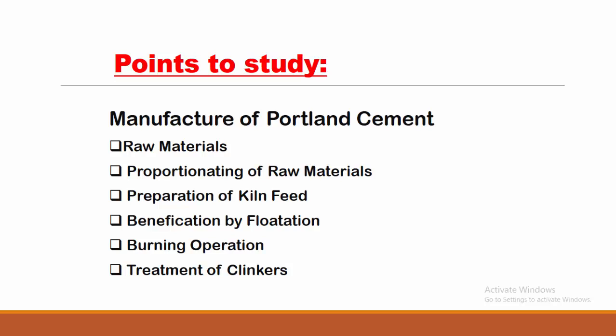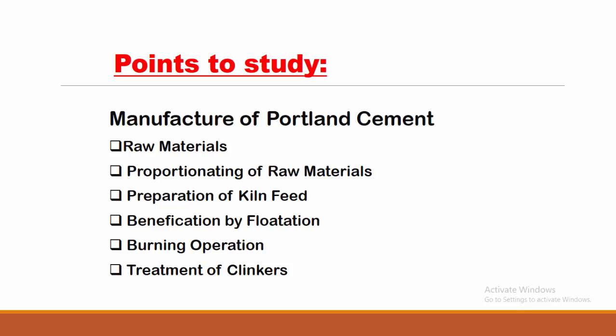Once the raw materials are taken, we have to study how to make a preparation for the kiln feed. There is raw material feeding for the kiln, which should be prepared beforehand. Next, beneficiation by a flotation method.